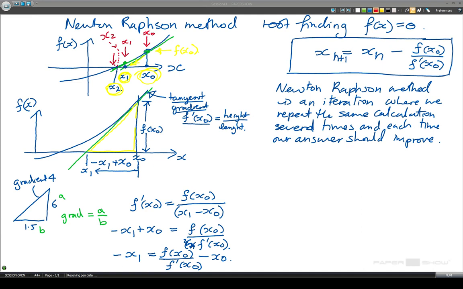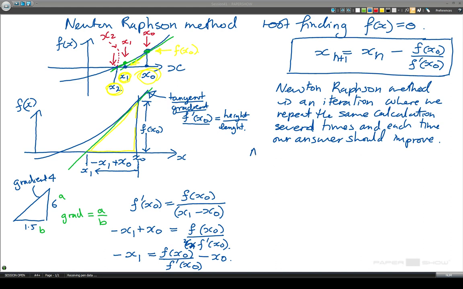So it actually does a very good job and converges very quickly to the answer. A few points to add about this.